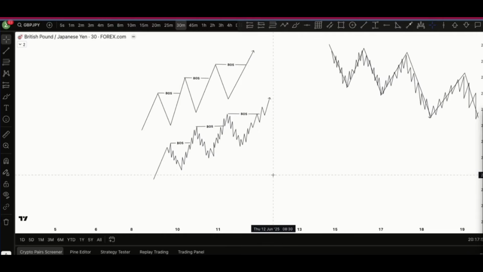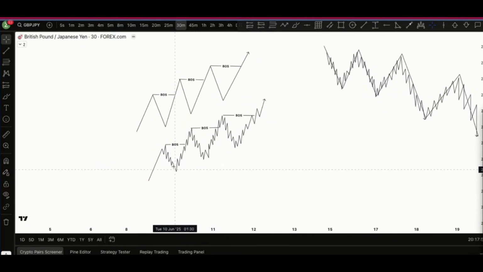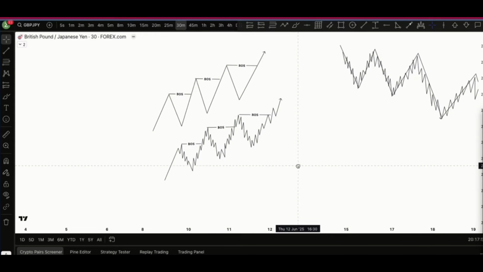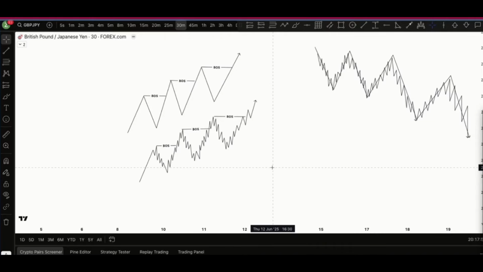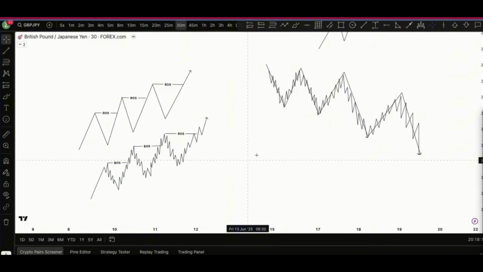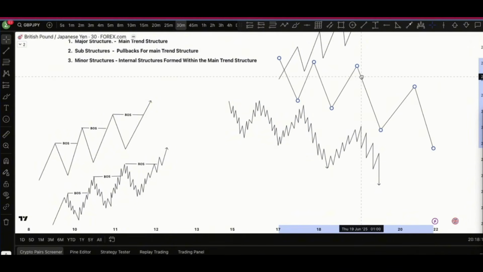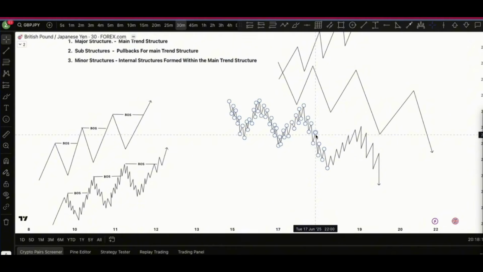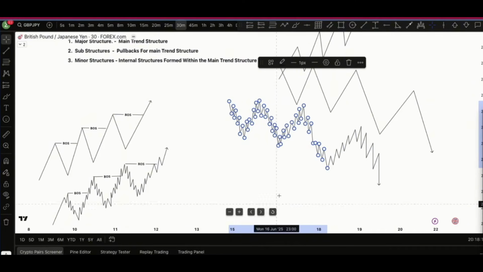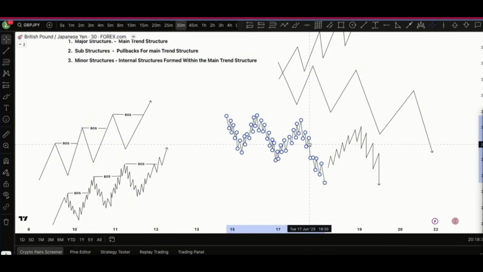So now, before you confirm your substructure and your minor structure, we have what you call swing high and swing low. And also we have another one we call trading range. Then let's look at the bearish market. The same thing with that of the bullish market.